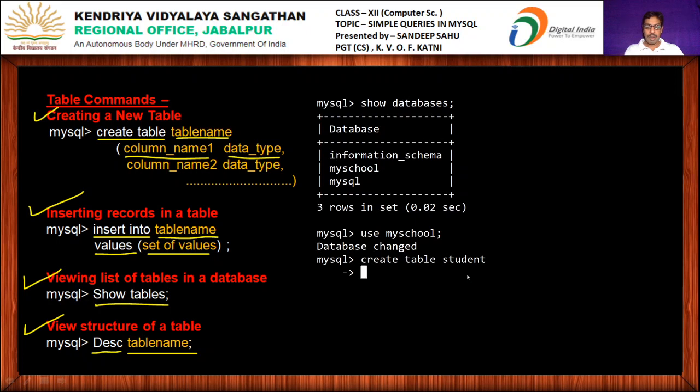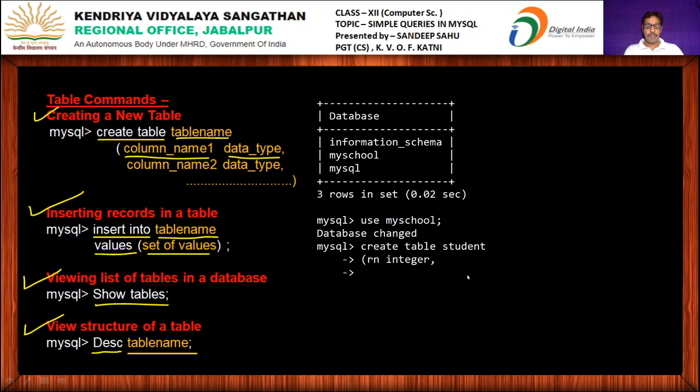Then suppose I want to keep the first column as roll number, RN, field name, data type integer I am taking, and then the name of the student, its character type, so char 10 I am taking.